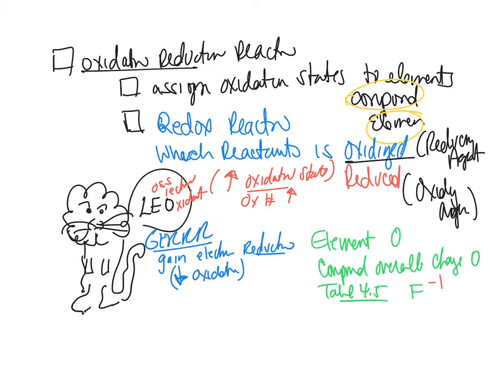There's no exceptions. Group 1A and 2A is +1 or +2. There's no exceptions to that. Oxygen's 2-, except for a few situations which you're not going to see. And then group 7A is 1-, which is with fluorine.